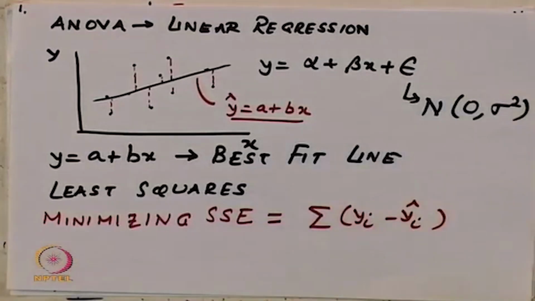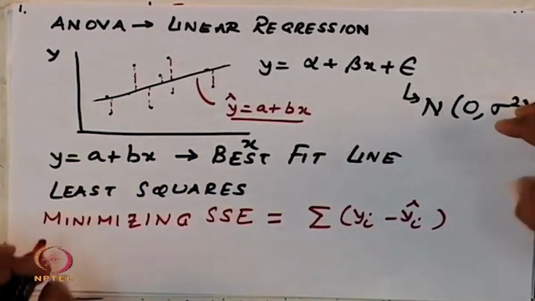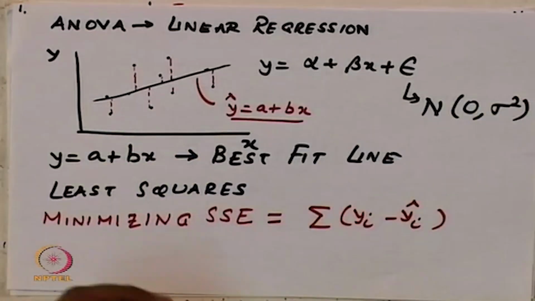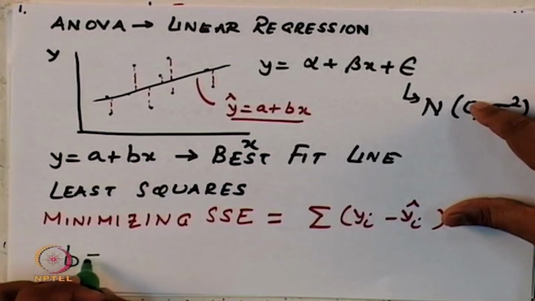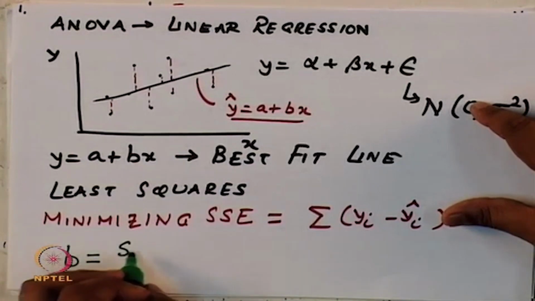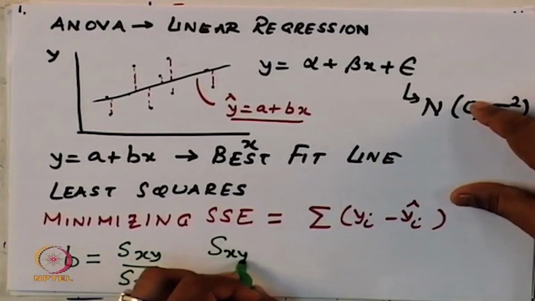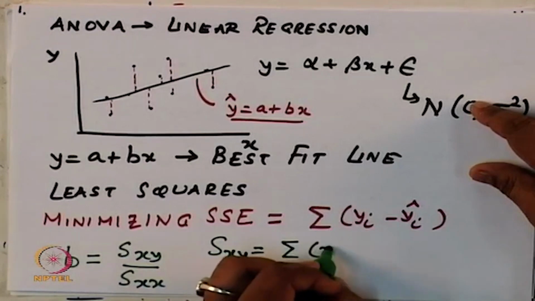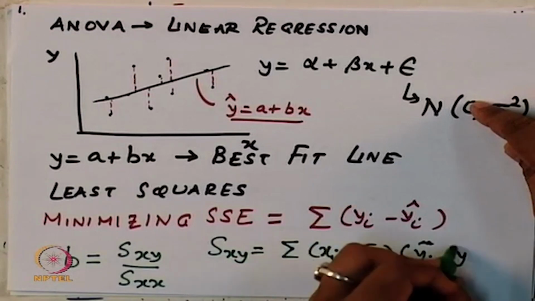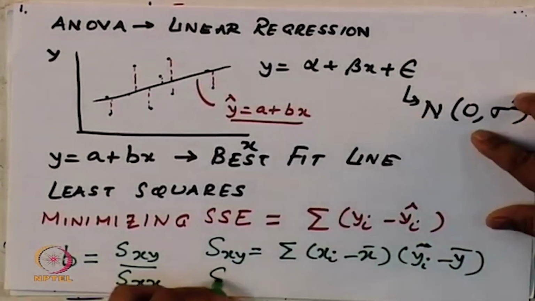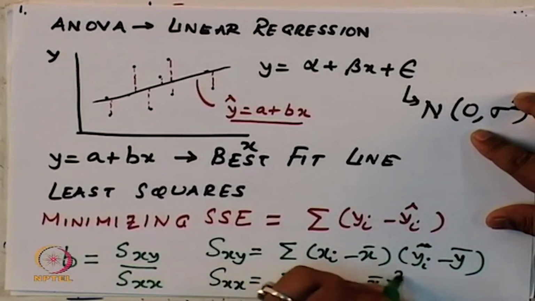What we have previously shown long back, using calculus, is that you could determine the values of these coefficients a and b. So, b is given by S of xy by S of xx, where S of xy is given by summation of xi minus x bar into yi minus y bar. And Sxx is summation of xi minus x bar whole square.